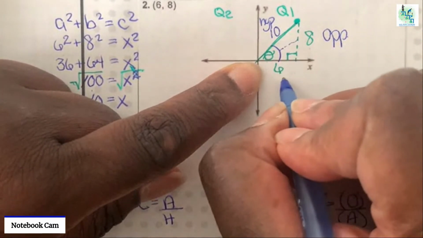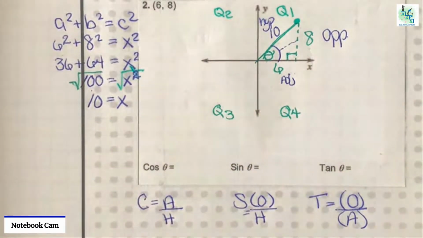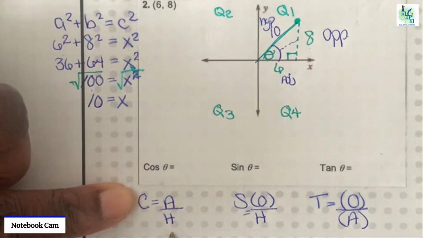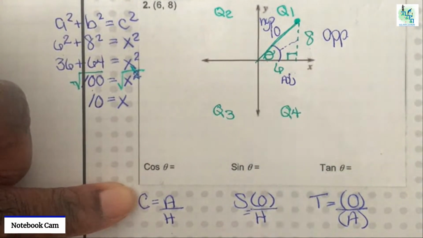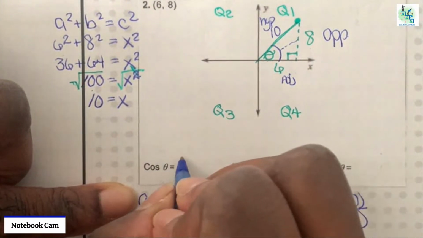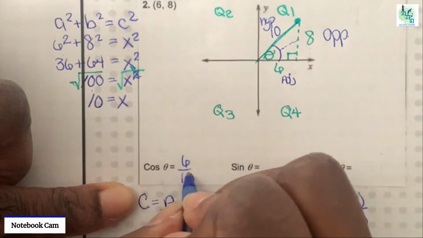So that means 6 is going to be my adjacent side. So cosine is your adjacent over your hypotenuse. My adjacent is 6, and my hypotenuse is 10.